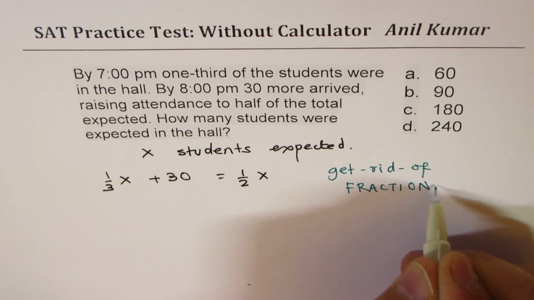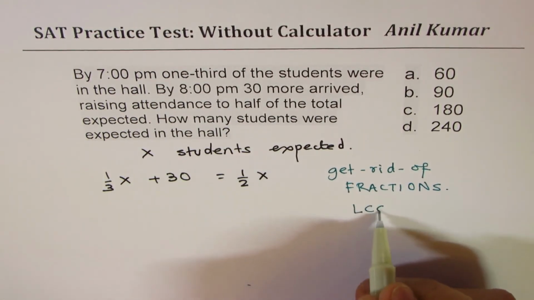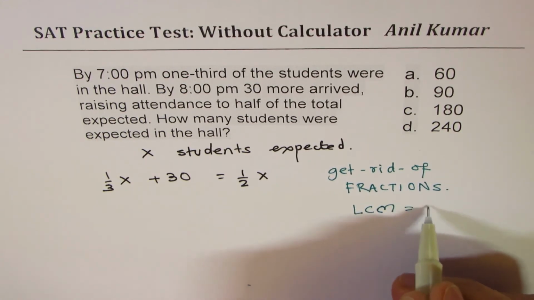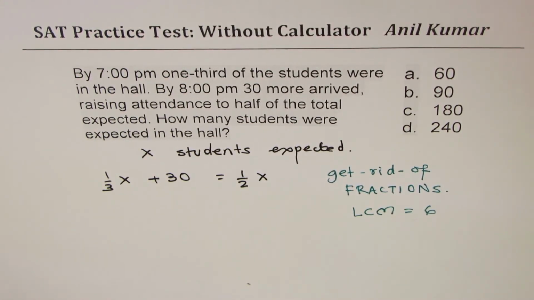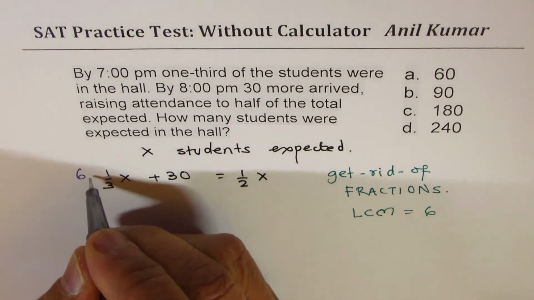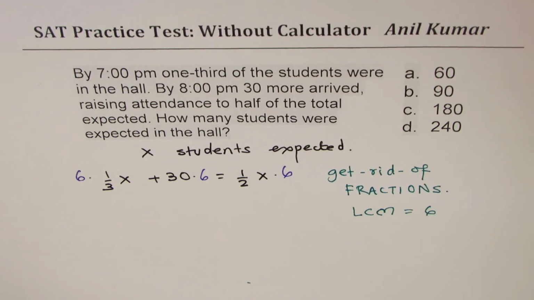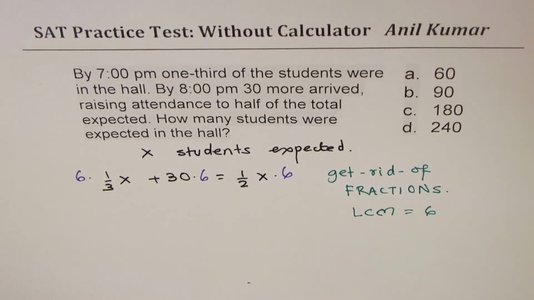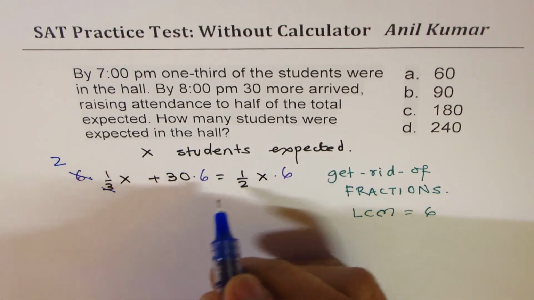So we apply strategies, not tricks. So the LCM is equal to 6. So we are going to multiply each term by 6 here. So we'll do 6 times this, 6 times this, 6 times this. So once you do that, we could write our equation. Simplify here. That goes 2 times.